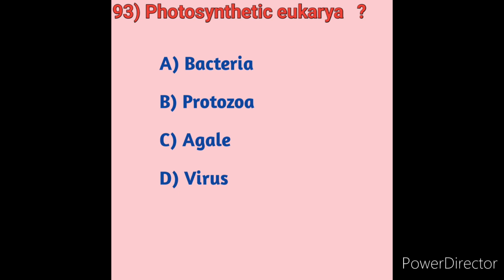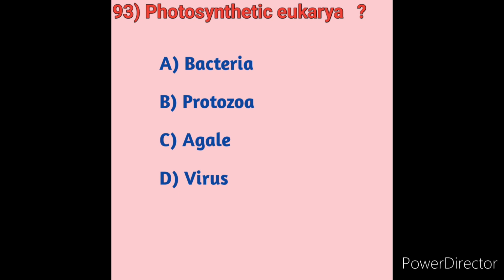The emergence dates of these taxa have proven difficult to establish solely on the basis of fossil or biomarker evidence. The photosynthetic eukarya can be defined in the plants and algae. So here the photosynthetic eukarya is present in the algae. In the options, option C is the correct answer.